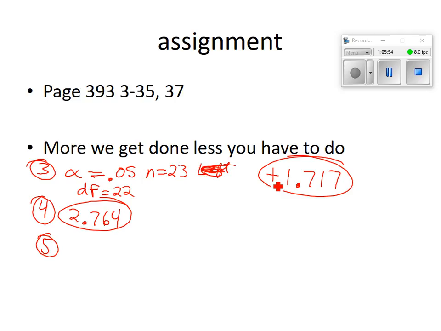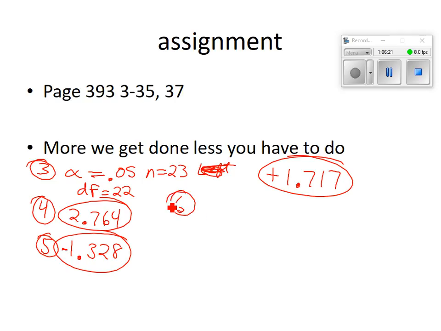This one's left-tailed, 0.10, n equals 20, so our df is 19. Go over or down to 19 and go over to 0.10, one tail. What do you come up with? 1.328. It's negative. So that's our answer on that one, negative 1.328.